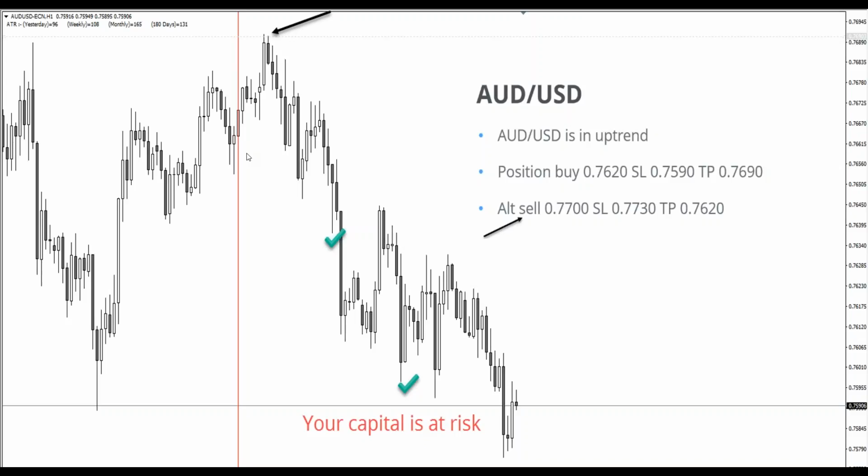That short trade was very, very good. And I think it was definitely the trade of the week for me, not just Australian dollar but my analysis, because I analyzed pound dollar on the 7th of October.